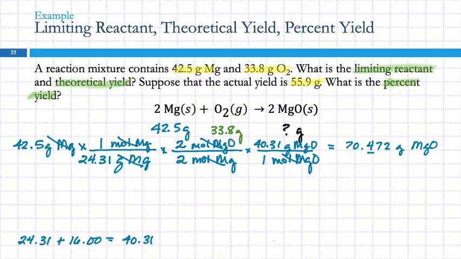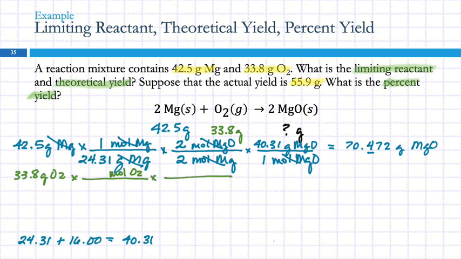Now we're going to do a very similar calculation with the other reactant. Grams to moles to moles to grams again. But this time we've got 33.8 grams of O2. So we're going to go to moles of O2.